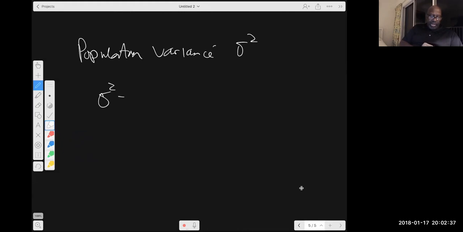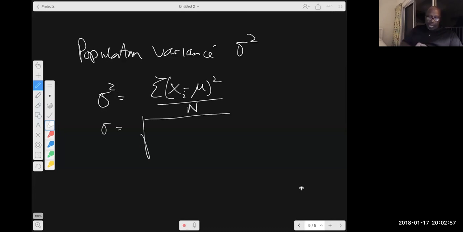We take all the x's, subtract the mean, square it, and divide by n. So it's like the average of the squared distances. If I take the square root of that to bring it back to the original scale, I refer to that as standard deviation.